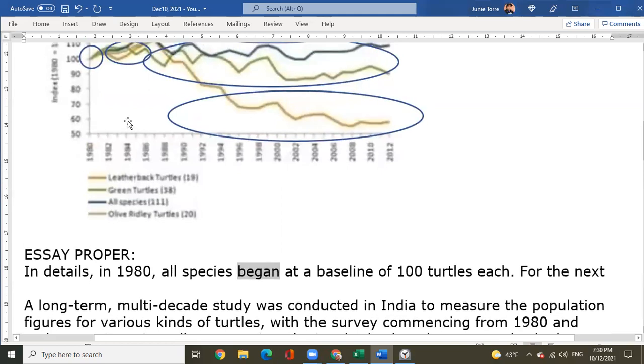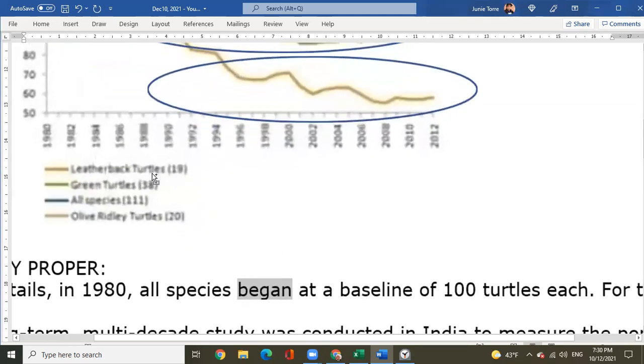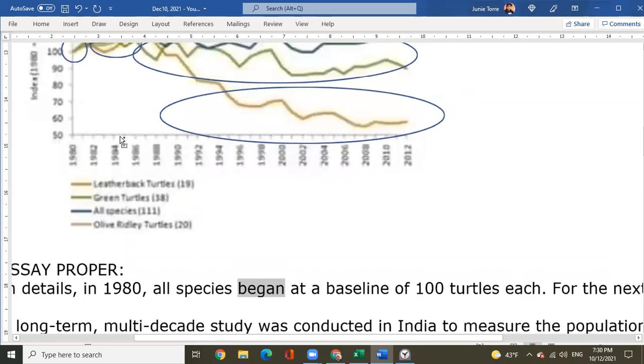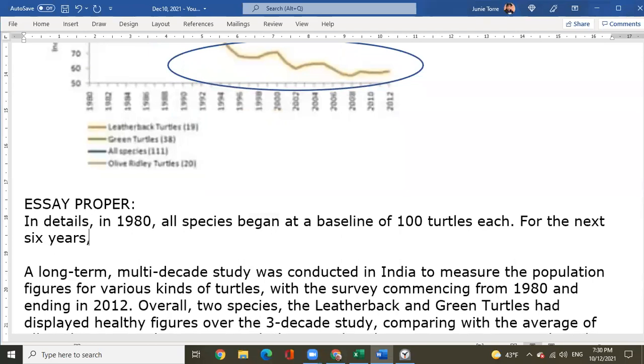And then for the next, how many years is this? Is that 1985 or 86? For the next 6 years, figures vacillated slightly. So simple past again, guys. At around the said range.